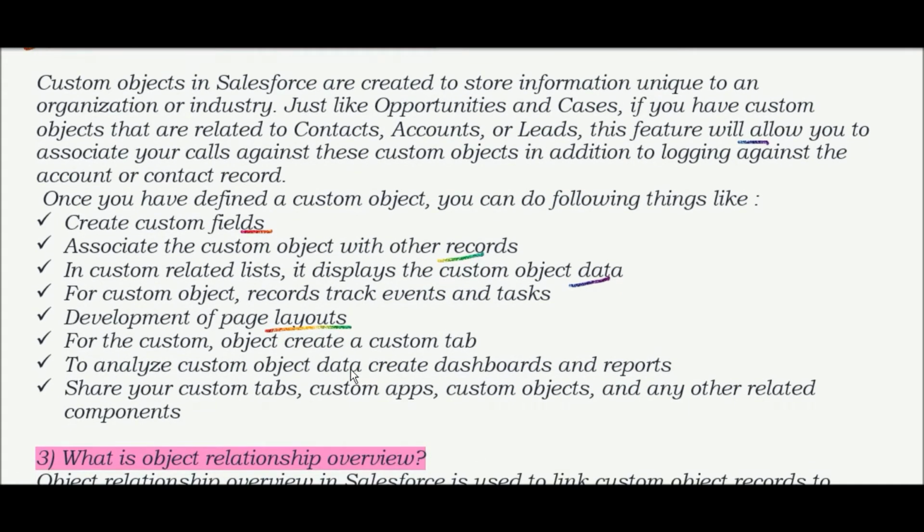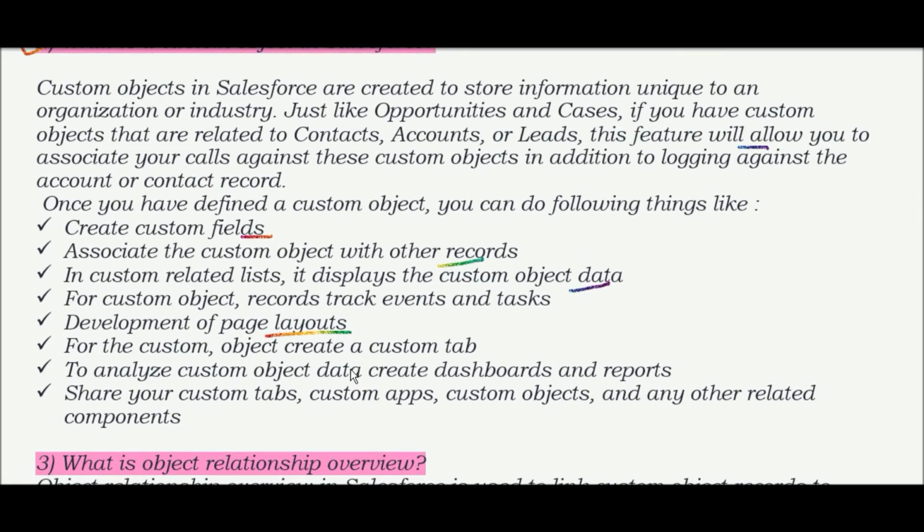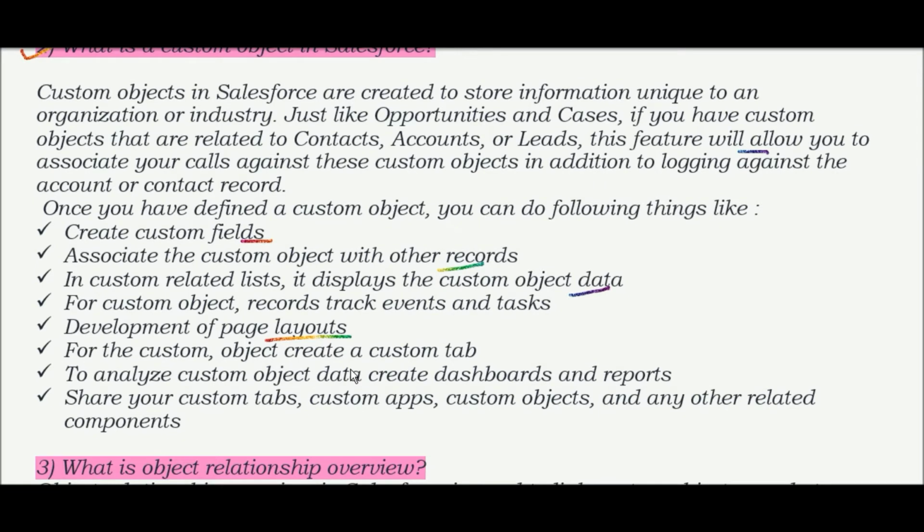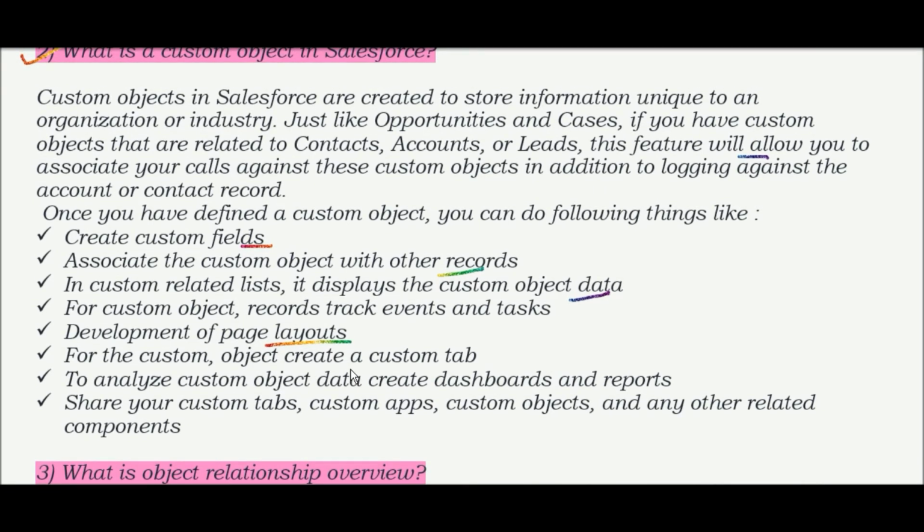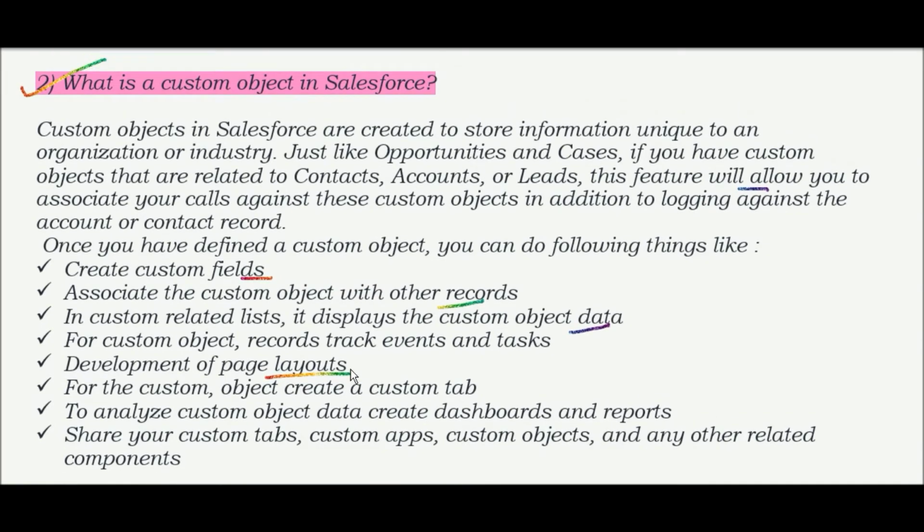Create a custom tab, and to analyze custom object data, create dashboards and reports. And share your custom tabs, custom apps, custom objects, and any other related components. Okay, so it's all about custom objects in Salesforce, and it's a very important question.